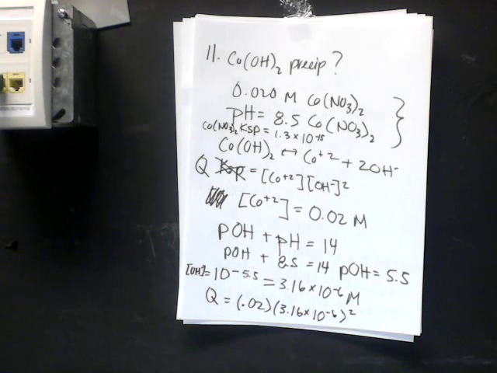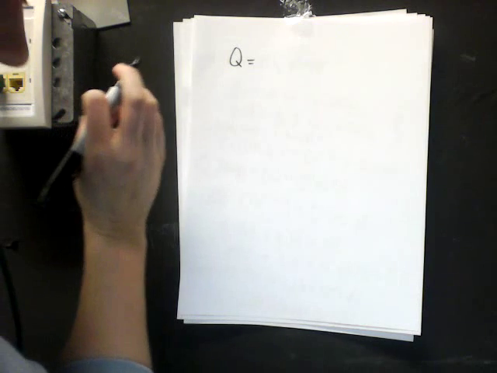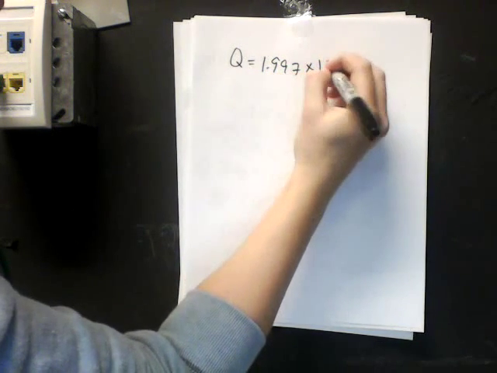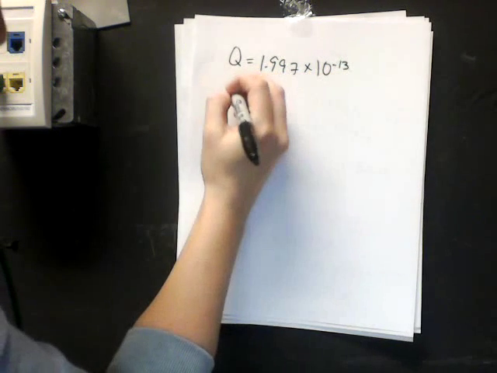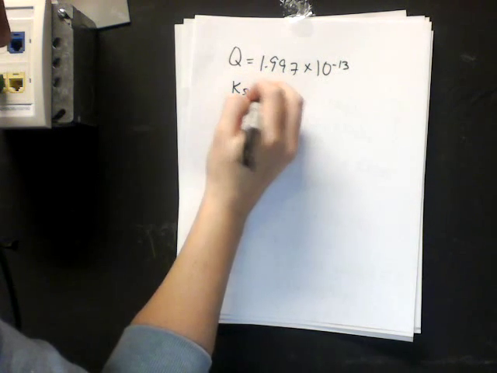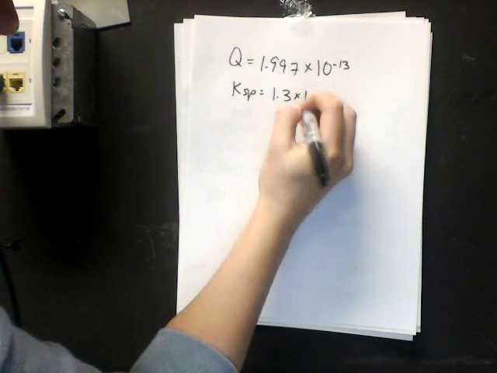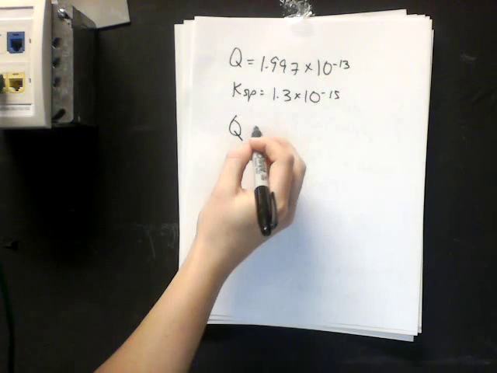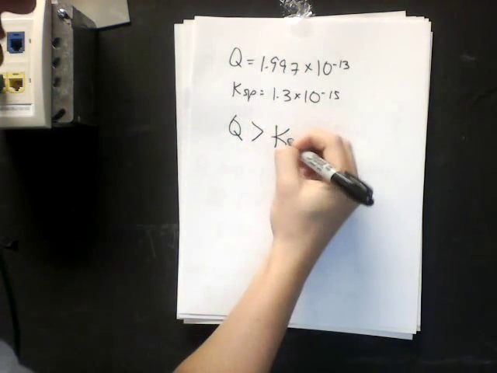Okay? So then we have to compare the Q to the Ksp given in the problem. Let's get a new sheet to finish this up. My Q ends up equaling 1.997 times 10 to the negative 13, and my Ksp given in the problem is 1.3 times 10 to the negative 15th. So Q is greater than Ksp.